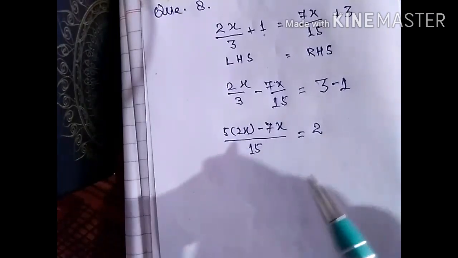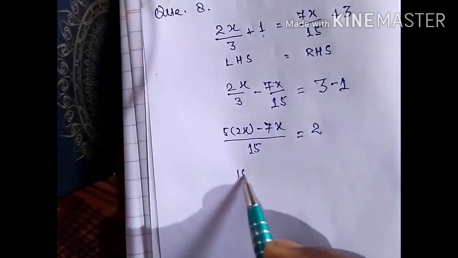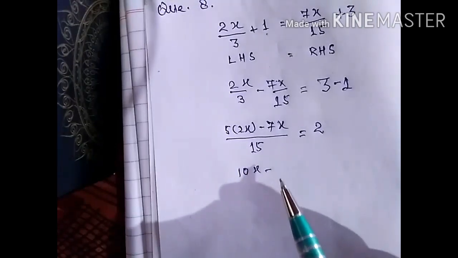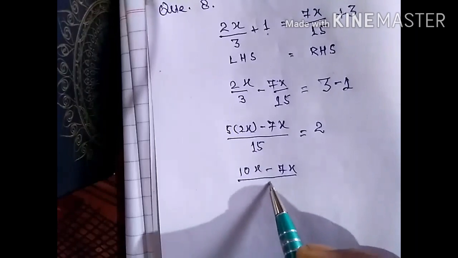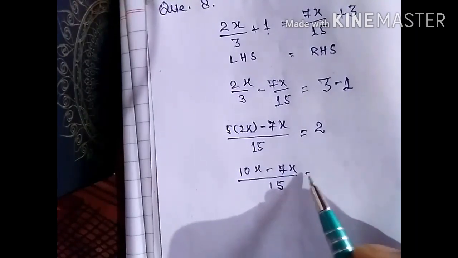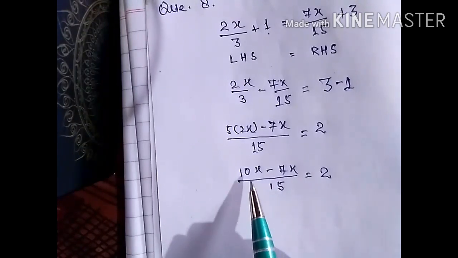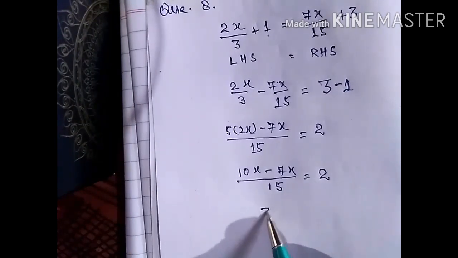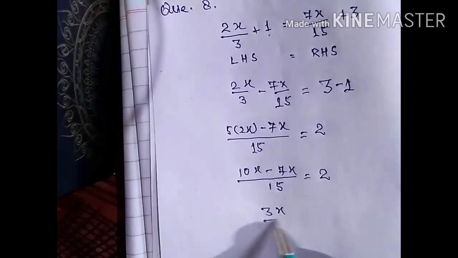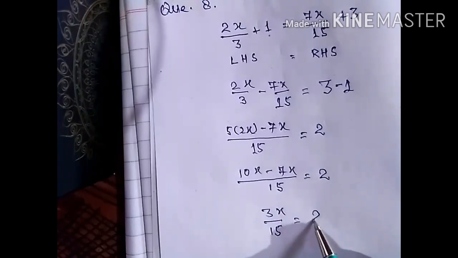And now multiply this 2x by 5, that is 10x minus 7x by 15 is equal to 2. Now 10x minus 7x, that is 3x by 15 is equal to 2.